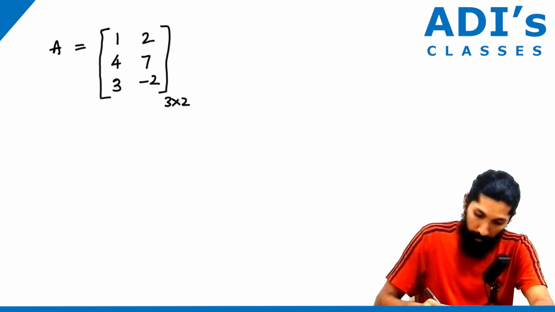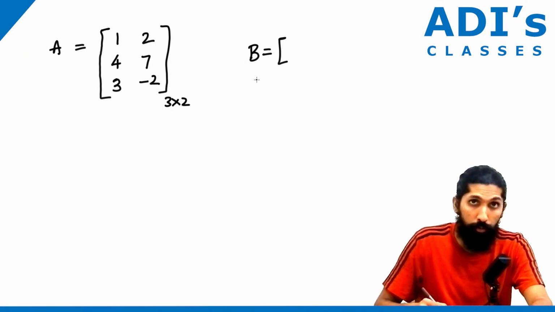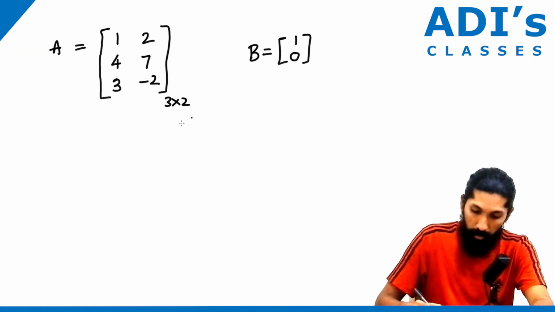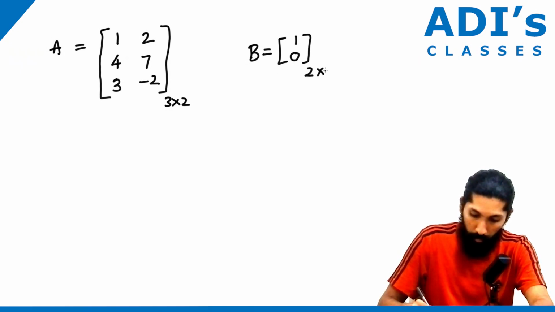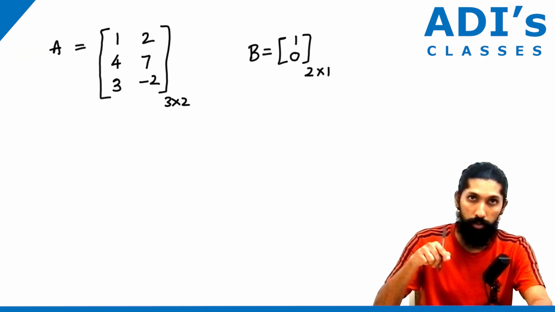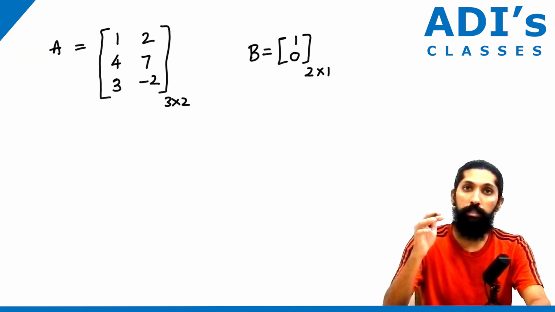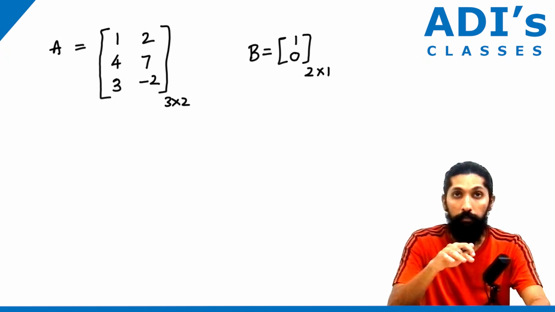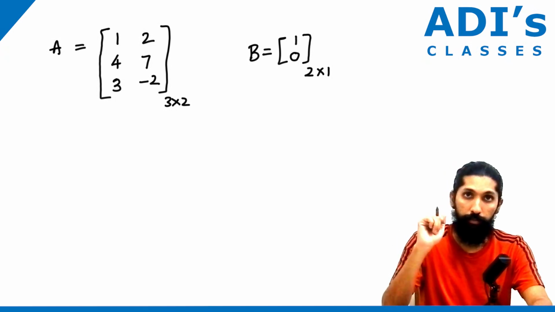Correct? So matrix B is equal to, you need 2 rows, say 1, 0. This is 2 cross 1. So 3 cross 2 and 2 cross 1. Since the number of columns in the first one and the rows in the second one are one and the same, we can multiply these two.